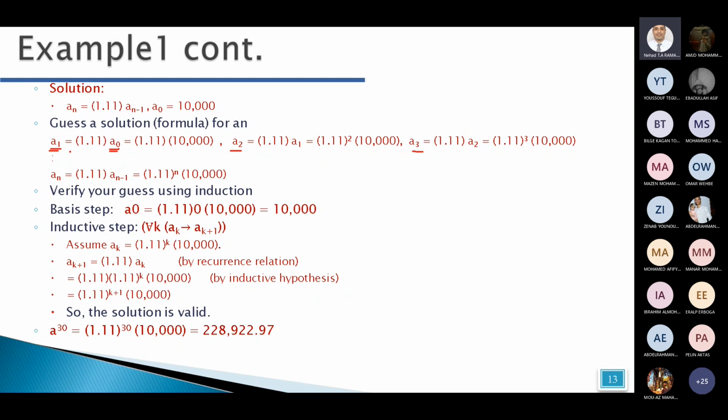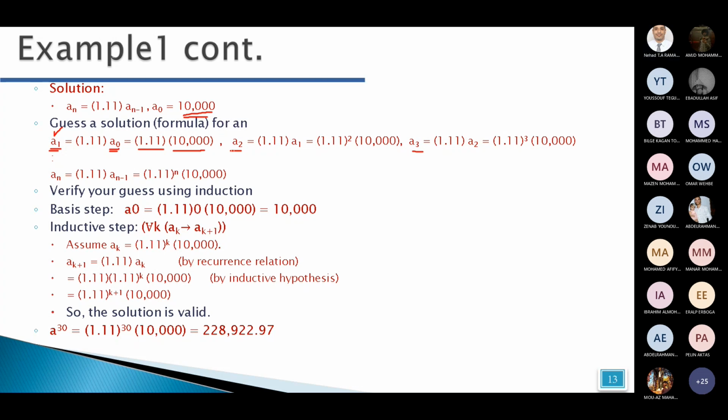For year A1, we have A naught, or A0, as the previous year. A naught, we already know it. It's 10,000. So A1 is 1.11 multiplied by 10,000. A2 is A1 multiplied by 1.11. What is A1? It's 1.11 multiplied by 10,000.